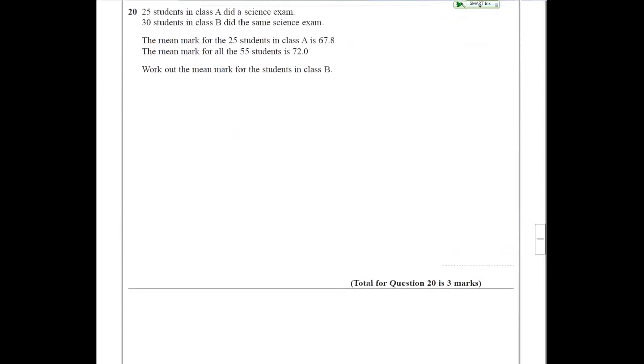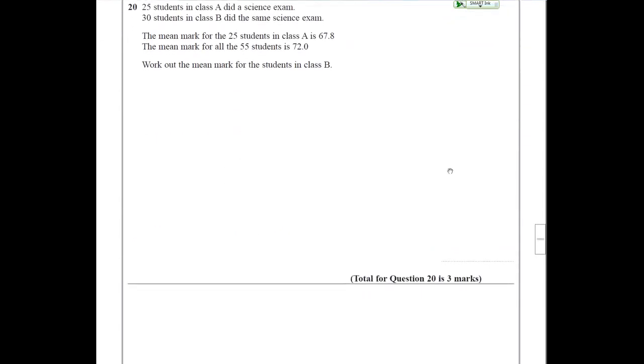Question 20. 25 students in class A did a science exam. 30 students in class B did the same science exam. The mean mark for the 25 students in class A is 67.8.